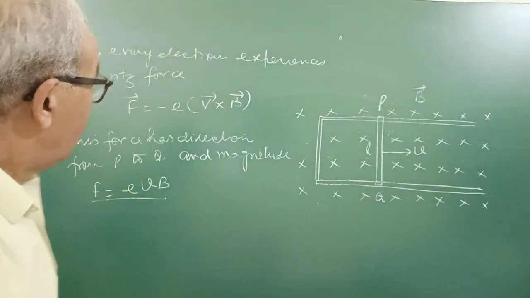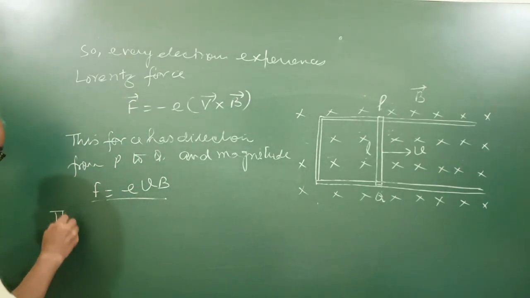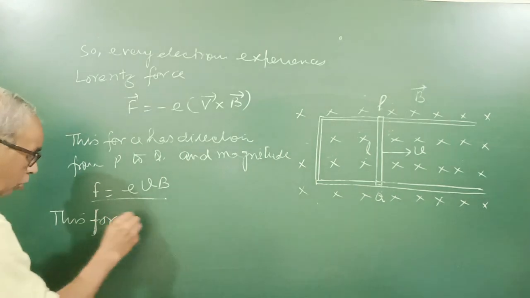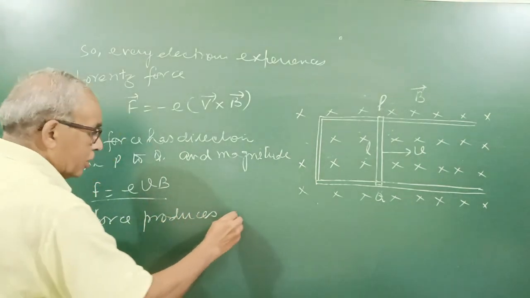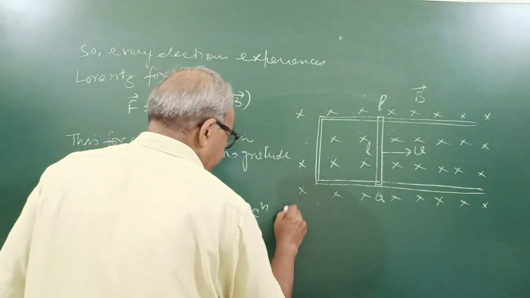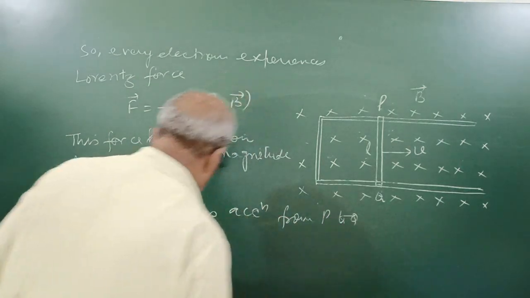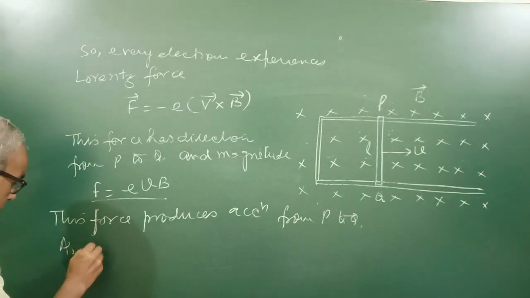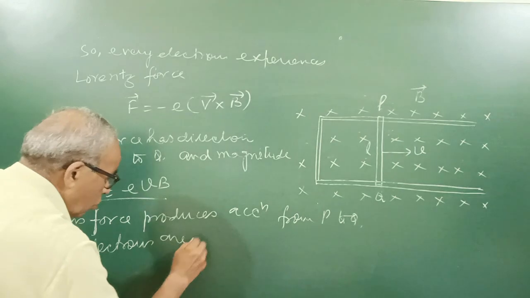Because electrons are small in mass, this force produces acceleration from P to Q, as electrons are very light.